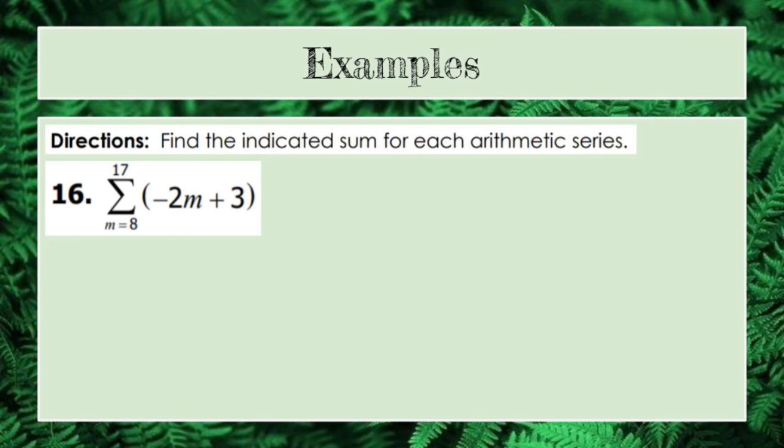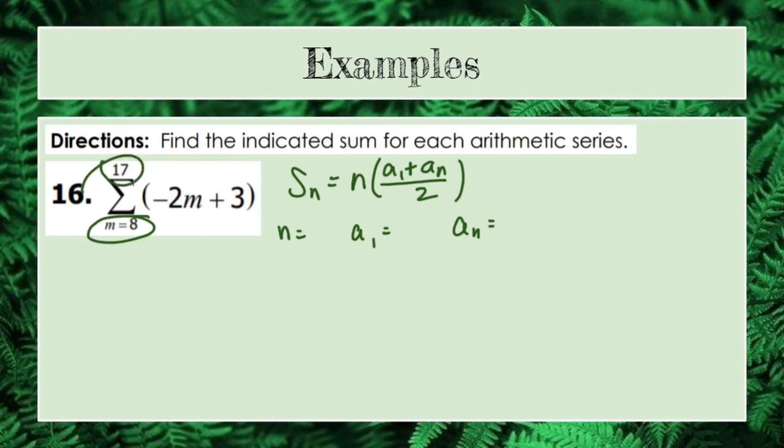And number 16 is a little bit different. Number 15 is also different, but I specifically wanted to do 16 with you. Once again, we need to find each of the pieces to fill in our formula. We have S sub n equals n times A1 plus AN over 2. And we have to find n, we have to find A1, and we have to find AN. So this sum goes from 8 to 17.